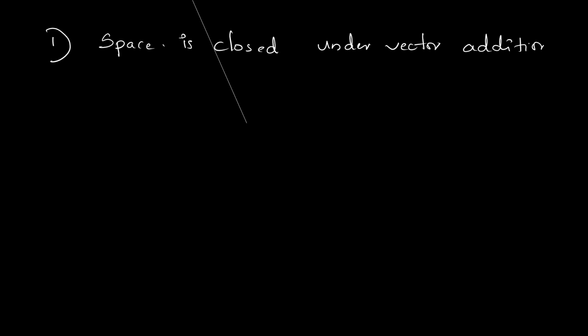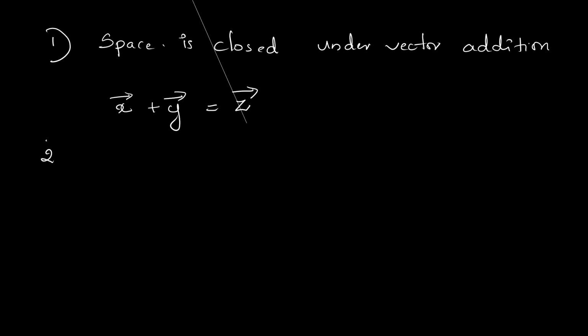That is, let x and y be two elements in a linear vector space, and if we add x and y, we get another vector z. So z would also be an element in the linear vector space.